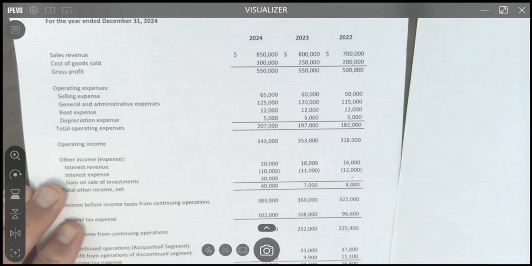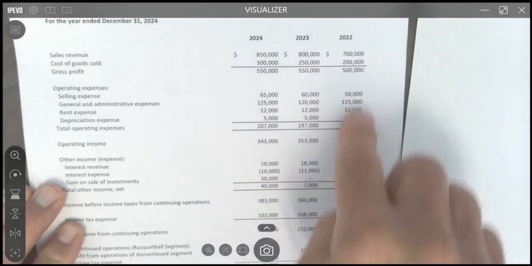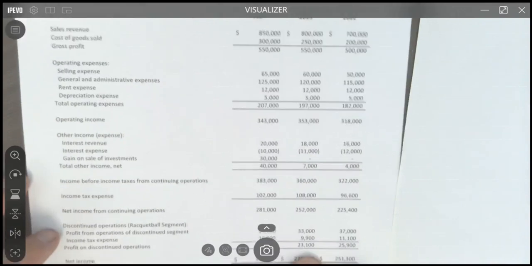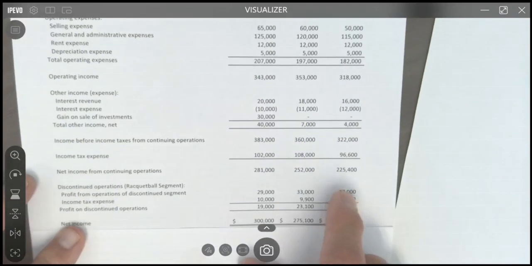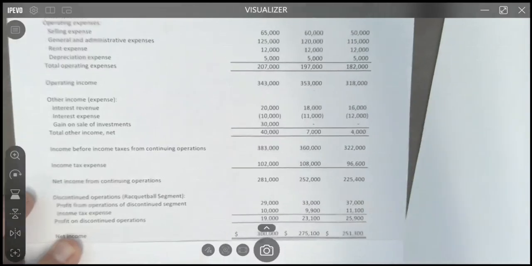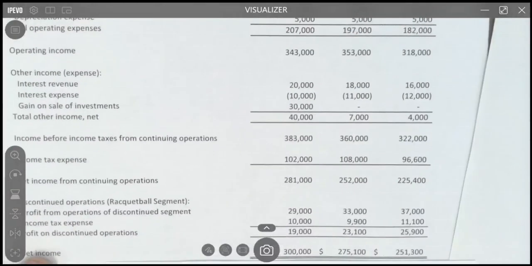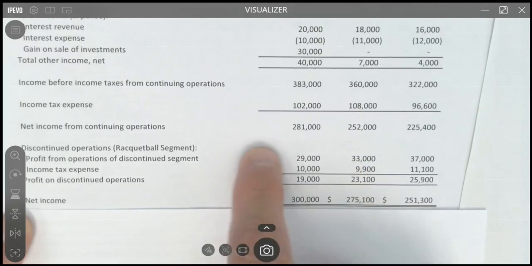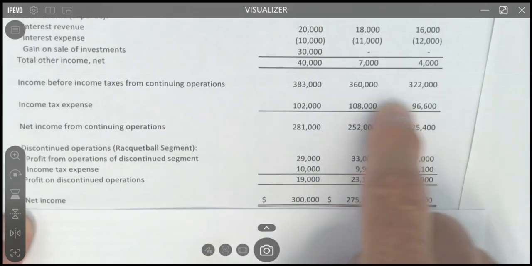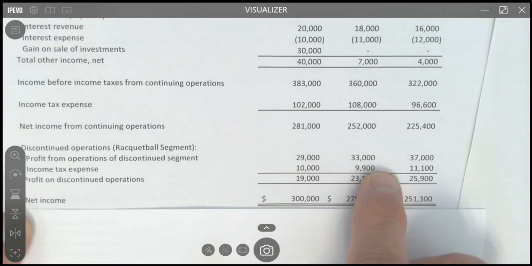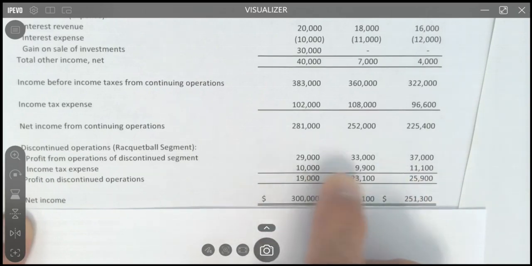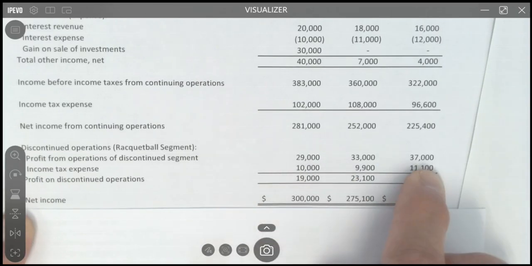But I just broke out the last 2 years to show you that when we did the discontinued operations, we had to restate those last 2 years, because now we broke the discontinued operations out, not just for the most recent year, but even the last 2 years.